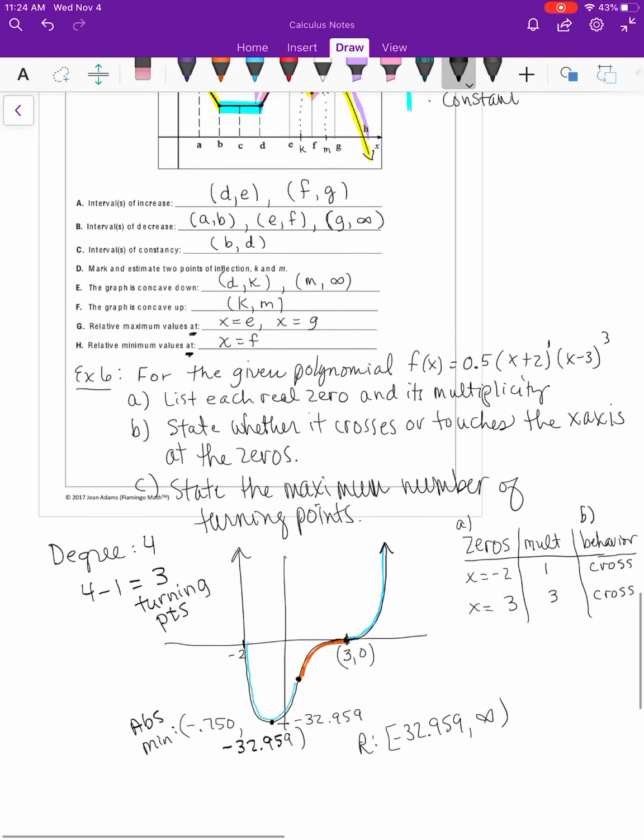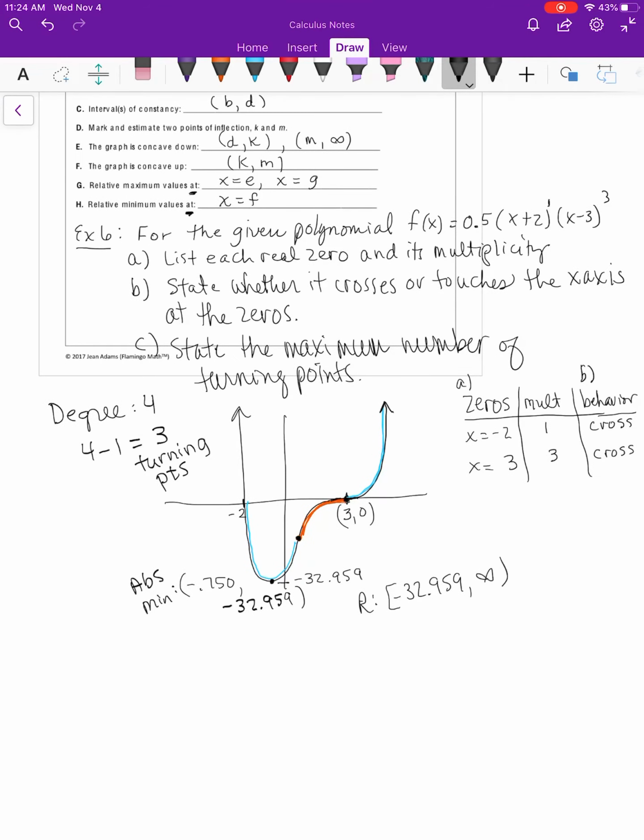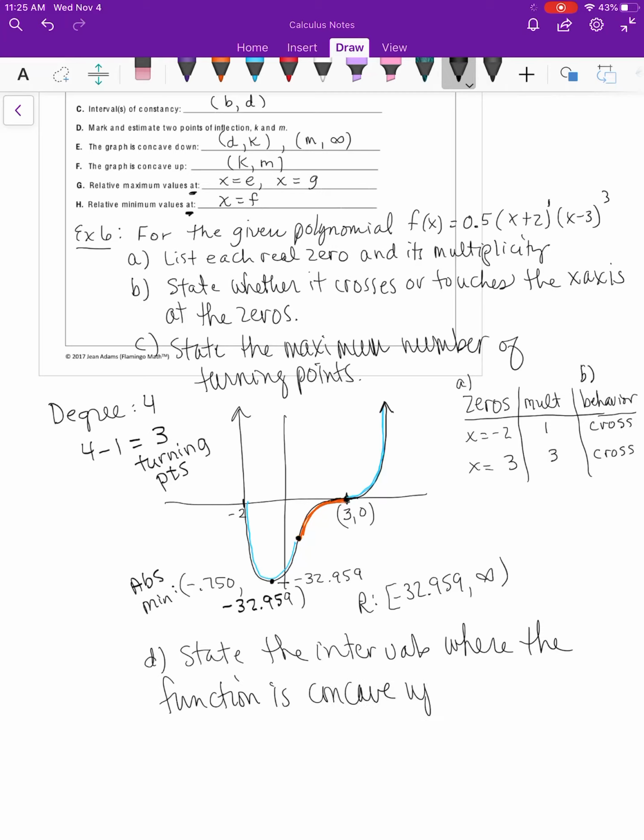But now to calculate this, because part D that I did not write down says state the intervals where the function is concave up or concave down.